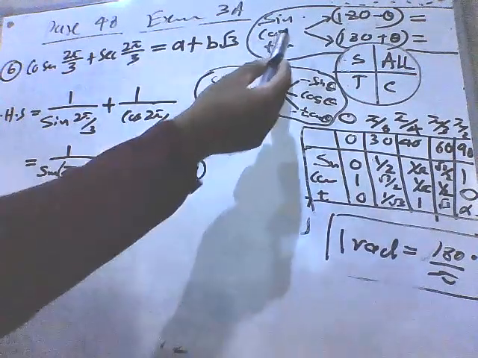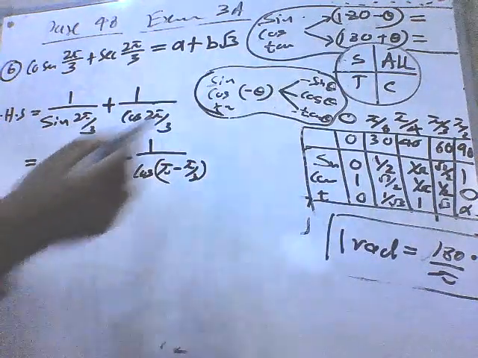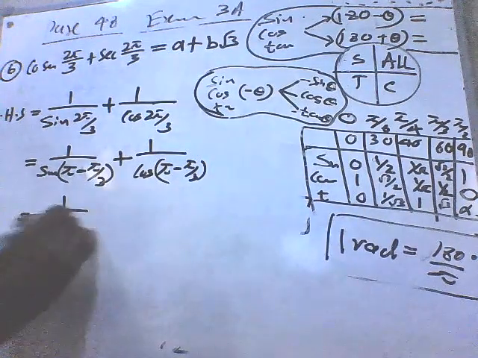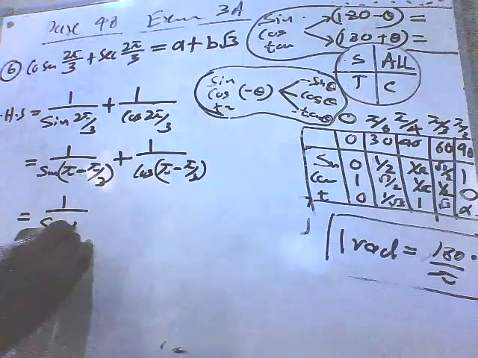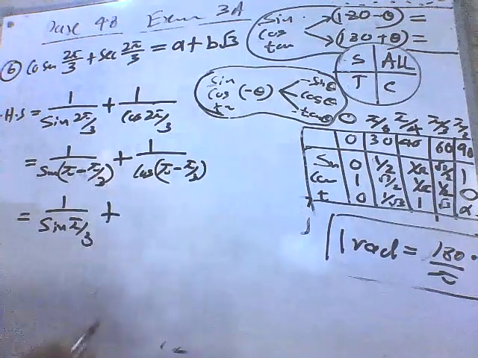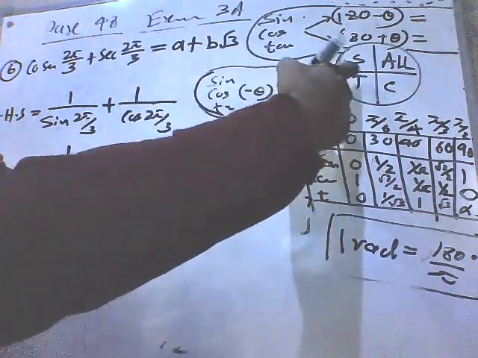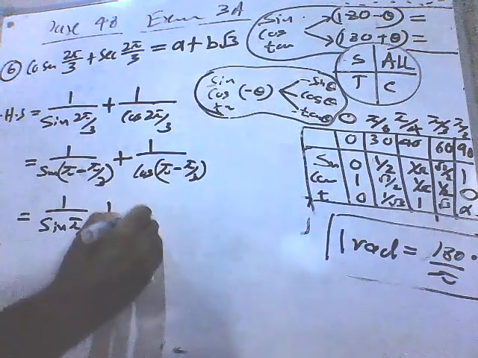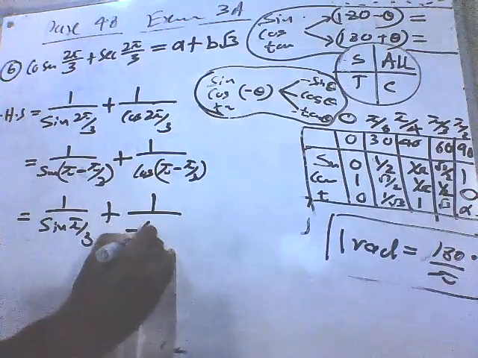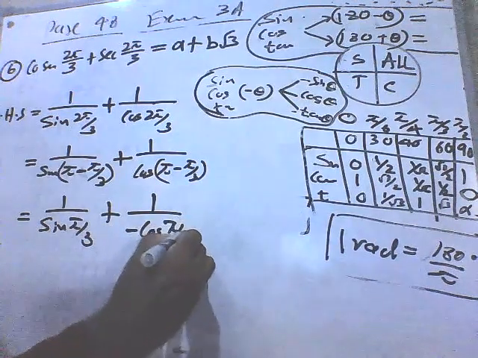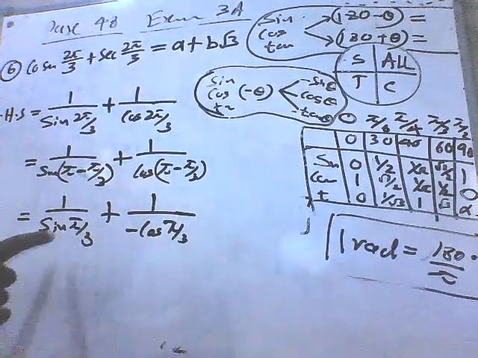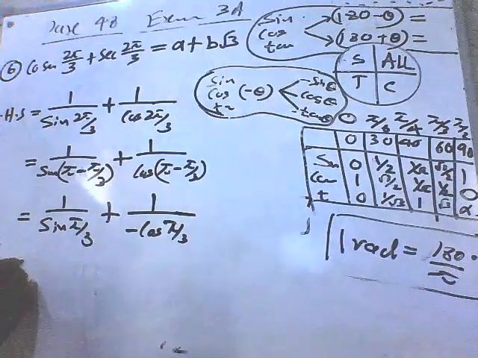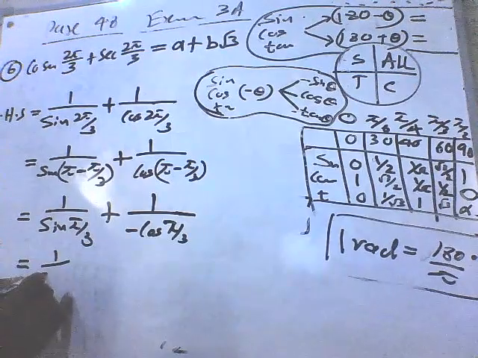Using these, sin becomes positive, so we get 1 over positive sin π over 3, plus 1 over negative cos π over 3, since π minus comes to this quarter, so it is negative.